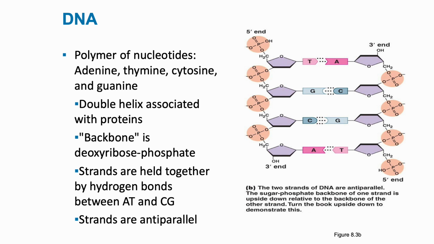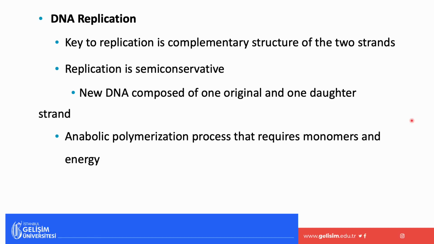So during DNA replication, the two strands of the DNA double helix separate, and each strand serves as a template for the synthesis of a new complementary strand. This process is semi-conservative because each new DNA molecule is composed of one original, or parent, strand, and one newly synthesized daughter strand.